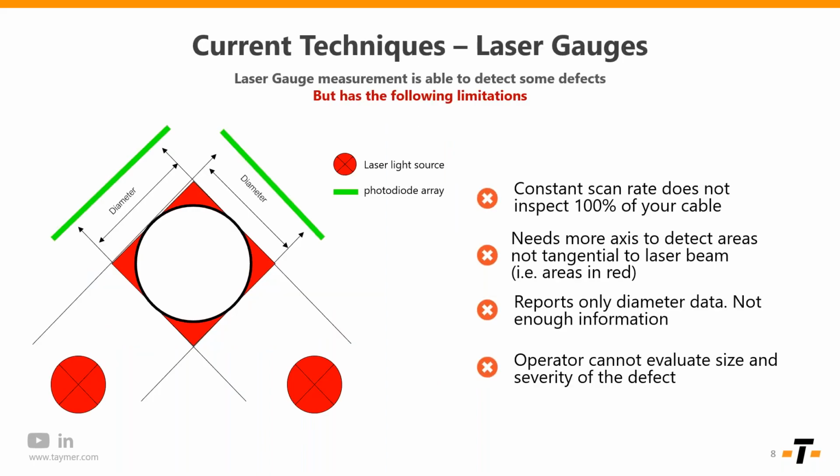Similarly, comparing it quickly to laser gauges: with laser gauges you have a constant scan rate, whereas the SI goes off of the line speed or an encoder signal. The actual scanning from the camera is based off of your line speed, so if you ramp up or slow down, the scan rate will adjust.